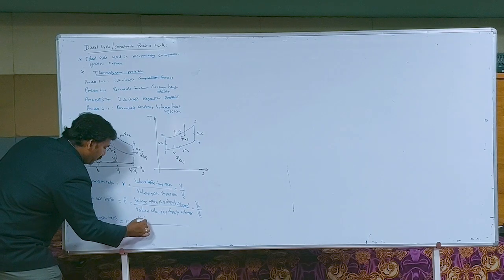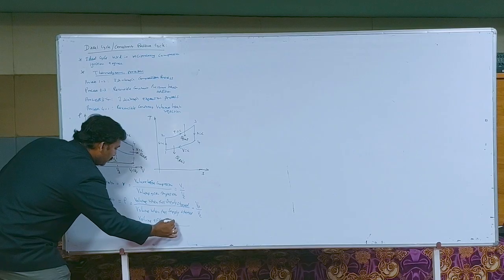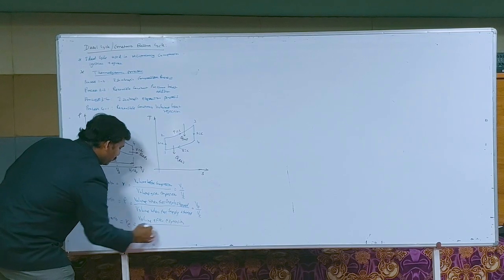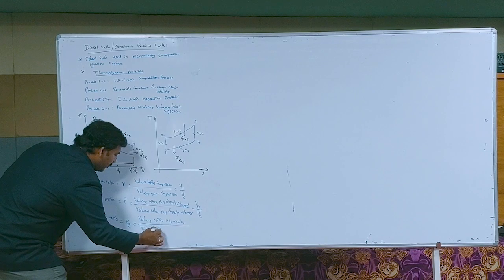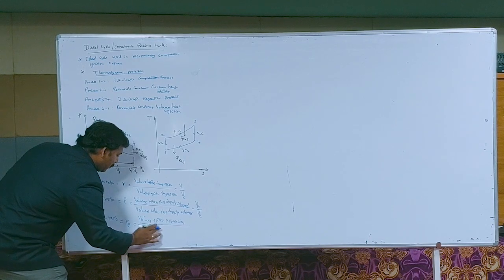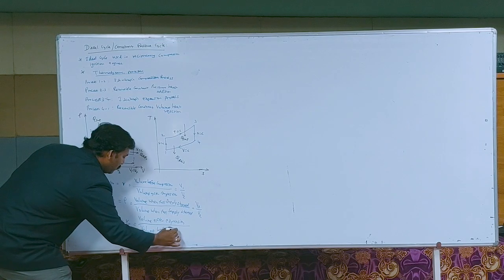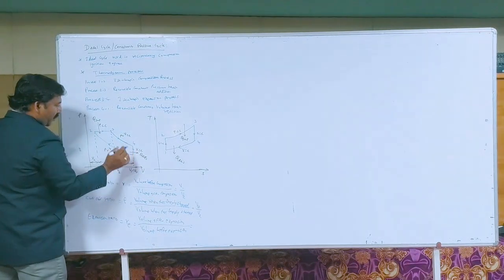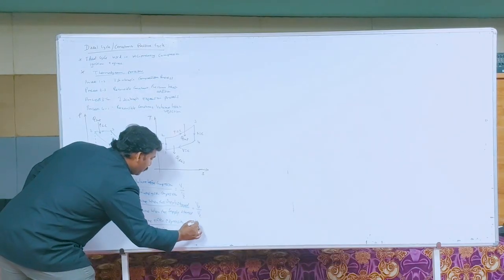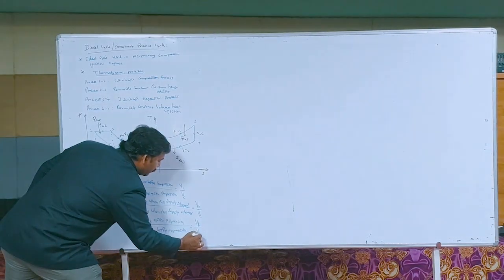It is a ratio of volume after expansion to the volume before expansion. So, in the expansion process, volume after expansion is V4 and volume before expansion is V3.